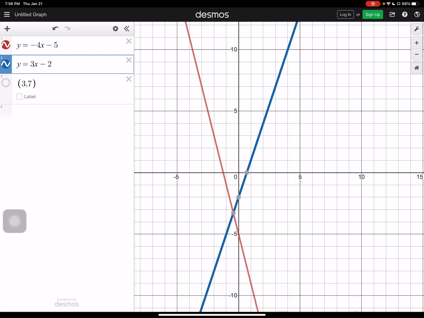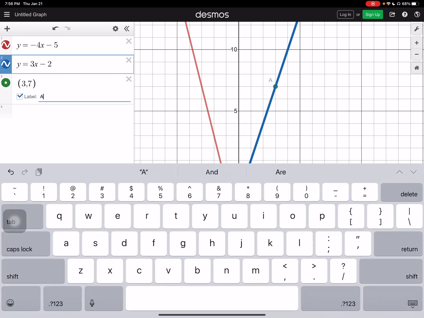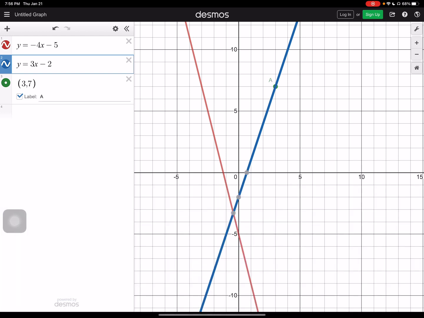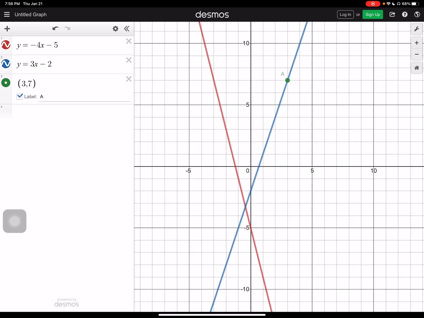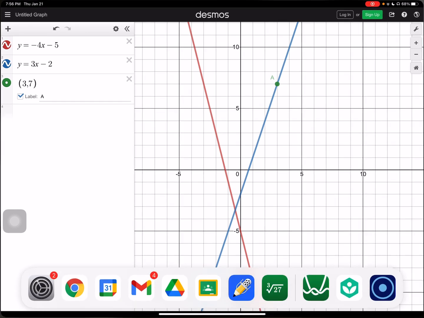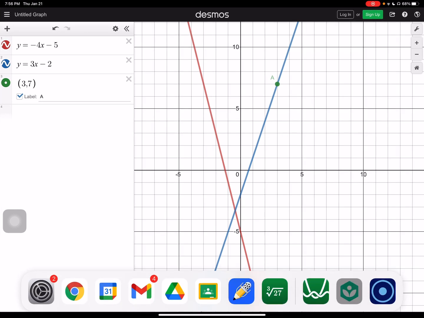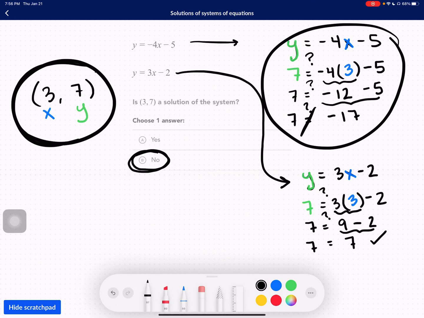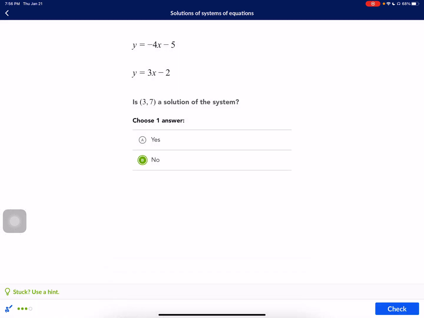But you guys see here, our point is way up there, right? We'll label it our point A. So you see our point A is way up there, and it does not fall on the red line at all. So it is not a solution to the system, only that one line. So our answer here is no. So again, pause your video if you have not written all of this down. So we'll go and say no here.